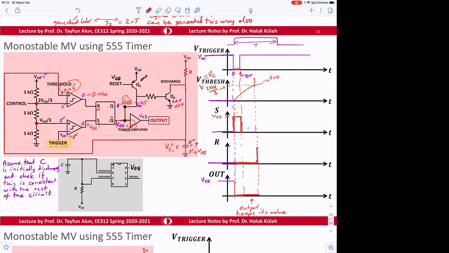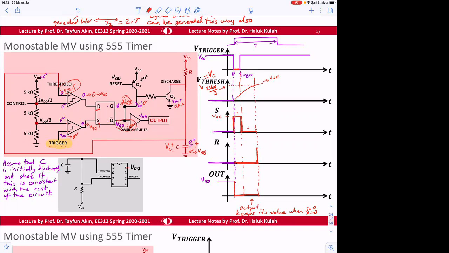Keeps its value when S is equal to 0, R is equal to 0. So this temporary going high doesn't really, and then once it triggers and takes the output to high, meaning Q becomes high, but then output becomes low, and things will be going.